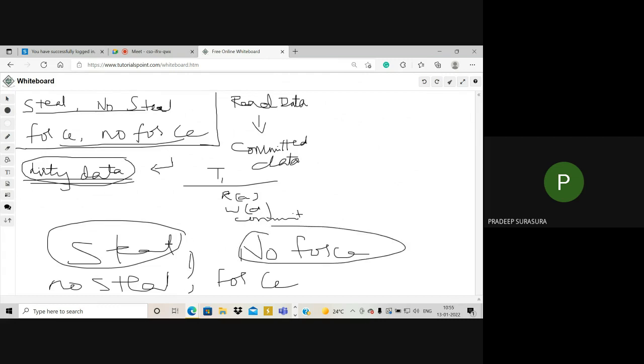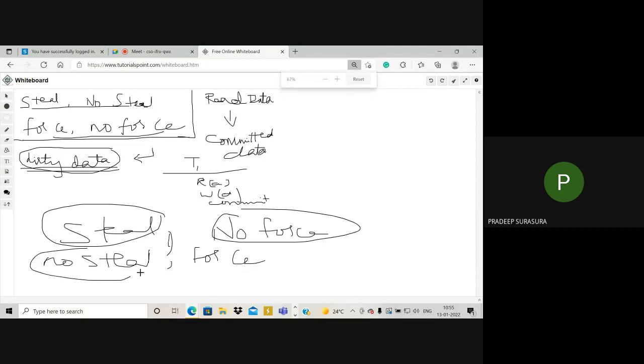No steal, force. Steal, no force means what? Data has been stolen. Do not force this data to commit. Data is stolen, data has become dirty. When data has become dirty, no force means do not commit this data. When data is not stolen, you can force it to commit.